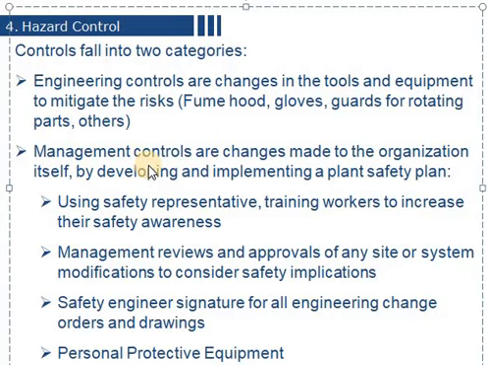Now, with management controls, the changes will be made to the organization itself, such as by developing a plant safety plan. So, how do we do this? Usually, management will hire a safety representative, will try to make some training to workers so that they will become more safety aware.